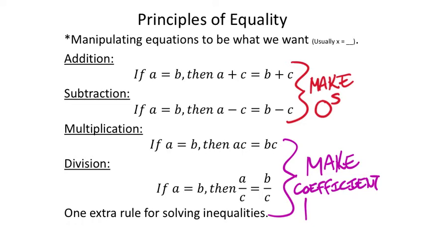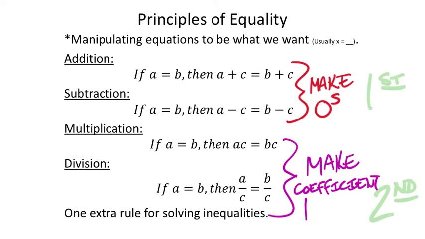And as it turns out, it usually is in this order. So you'll make zeros first, just like we saw in the bell work, and then you'll make coefficients second. You make those ones.